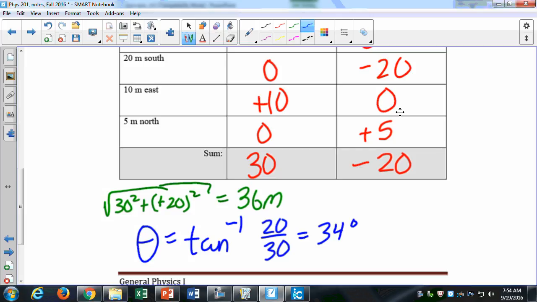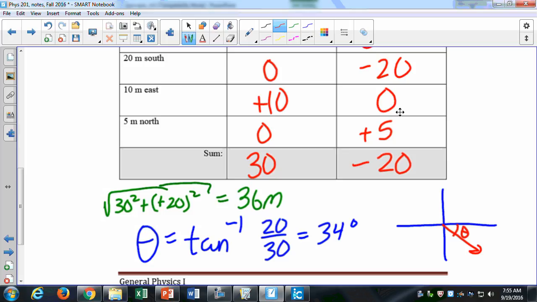Or you might get, what is it? 326 degrees. So those are all the same, but I can draw my vector. I know that it is in this quadrant because it has a negative y component and a positive x component. So this is my angle that I'm looking at.